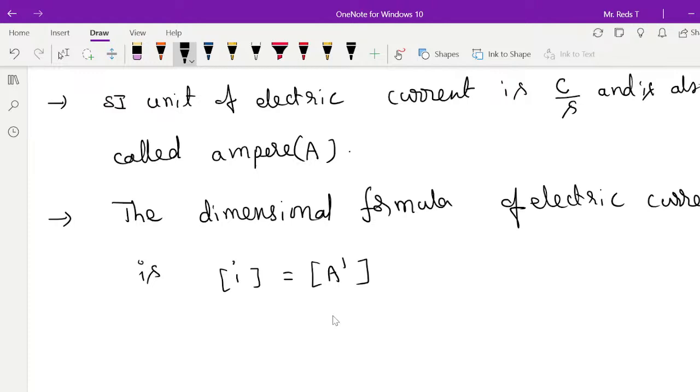Dimensional formula of electric current is I equals A power 1.